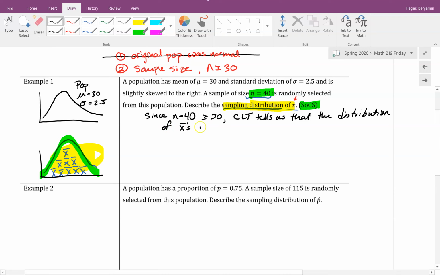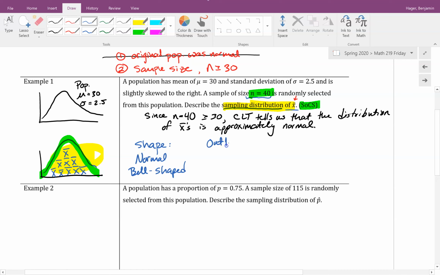The distribution of sample means is approximately normal. So if we're going to describe the shape, we know that the shape would be normal or bell-shaped. Symmetric, if you want to throw that in there, but normal gets the idea across.